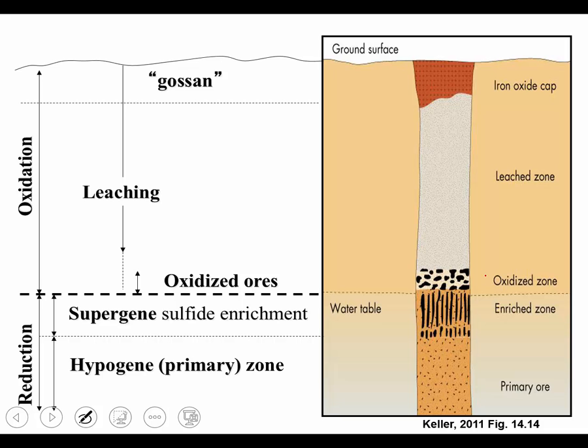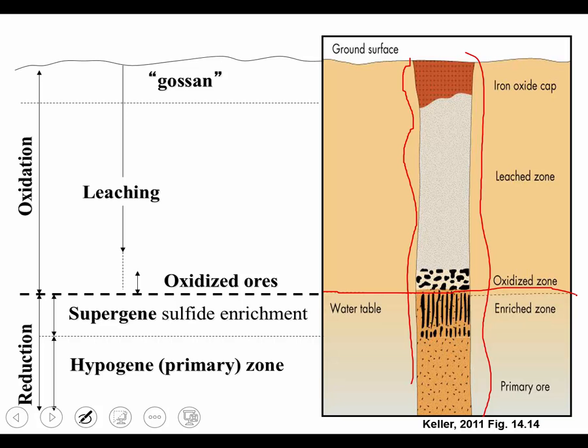Okay. Now imagine that this whole thing is a large magma chamber. Okay. Now it has been weathered. It has been oxidized down to some depth, which is the water table. This is in an arid region, so the water tables may be 1,000 feet below the surface.